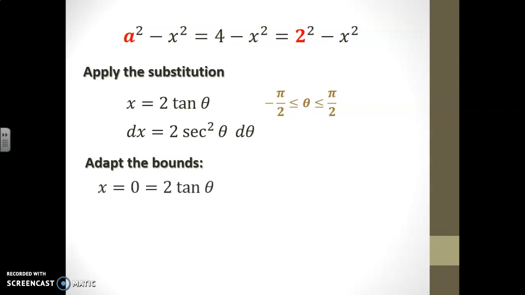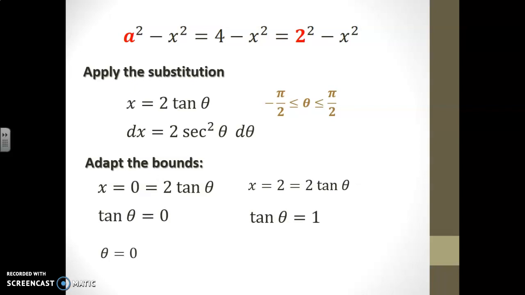As for the bounds, the lower bound in terms of x used to be 0, which means 2 tan theta must be 0 as well. This will eventually allow us to choose theta to be 0 as the new bottom bound. The upper bound of our x integral was 2, which also has to be converted into 2 tan theta.